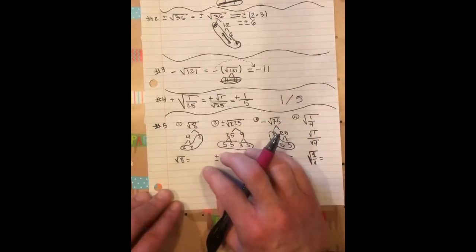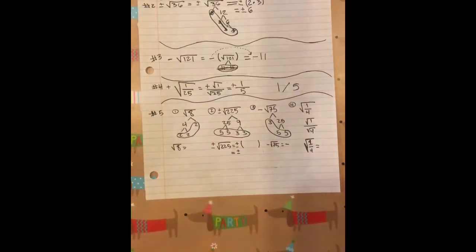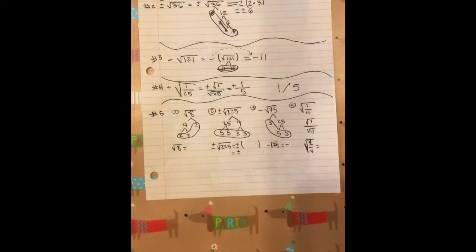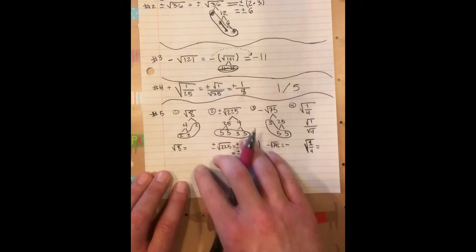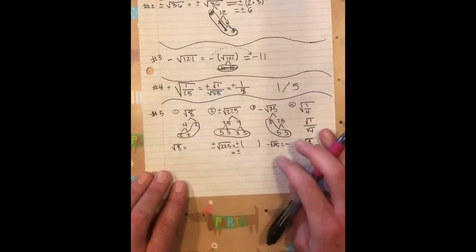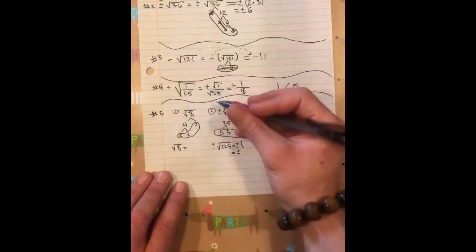All right, now number 5. I actually like this because it gives us practice knowing the difference between some of the radicals. Do plus and minuses actually matter when it comes to rational and irrational? No, it doesn't. I went ahead and broke these down already to save some time.